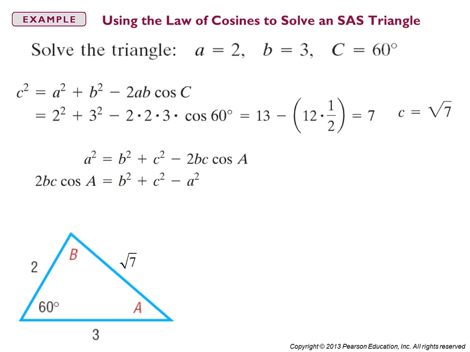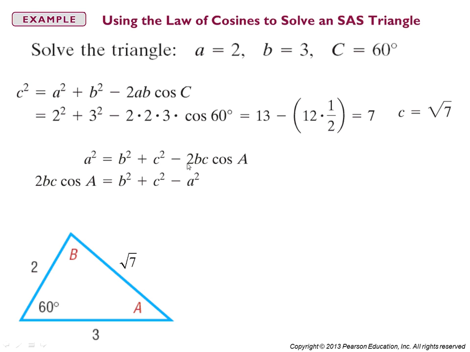We're solving the triangle, so we don't just stop at side C. We still need angle A. And they've used the law of cosines where angle A is being evaluated in the cosine. So you manipulate your equation and put 2bc cosine A on one side and everything else on the other.